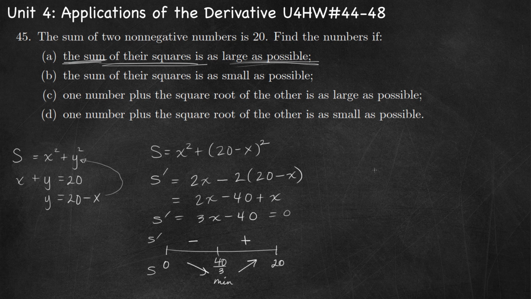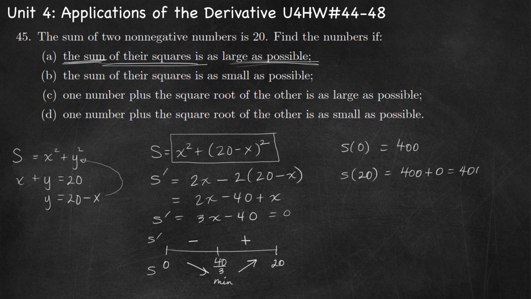So let's find S of 0 and S of 20 and see which one gives us the larger sum. Well, our equation for S is x squared plus y squared. So we can solve for y, or we can use the version of our equation that is written only in terms of x. And if we do that, then when x is 0, the sum is 0 plus 20 squared, or 400. When x is 20, we'd have 400 plus 20 minus 20 squared, which is 0.